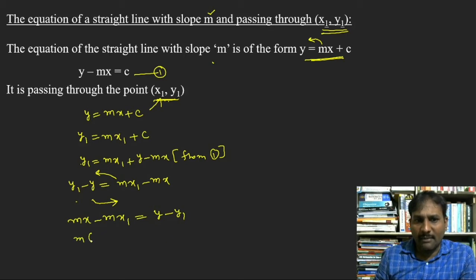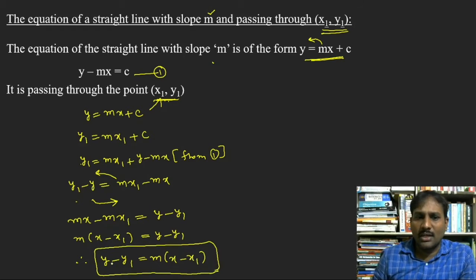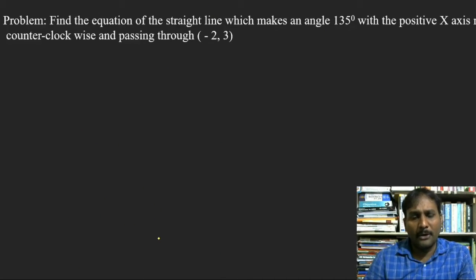So if I take m common here, m into x minus x1 is equal to y minus y1. Therefore, the required equation is y minus y1 is equal to m into x minus x1, which is the equation of a line which passes through the point x1 comma y1 and with slope m. Okay. We'll do one problem on this.